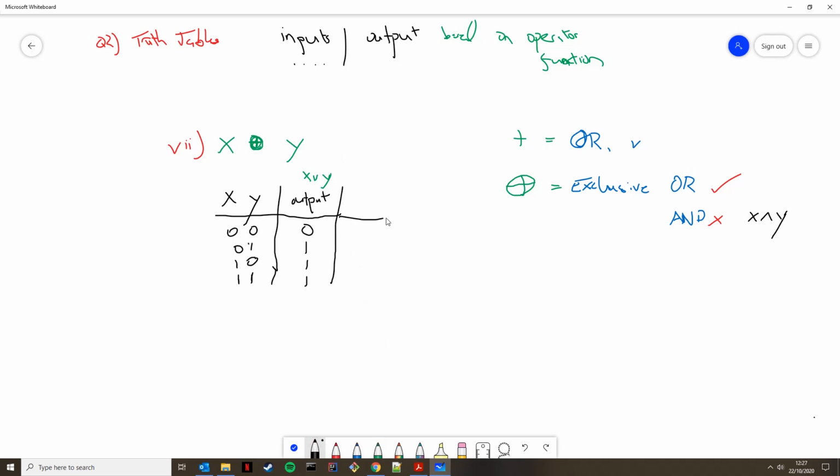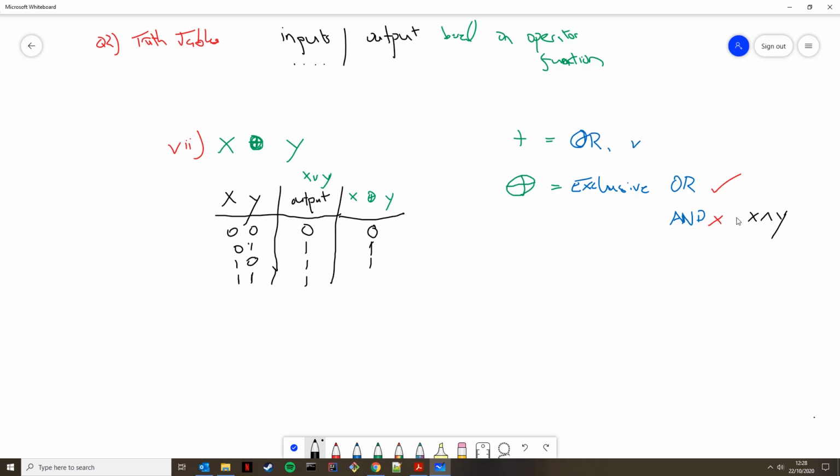So let's do X exclusive or Y. So 0 is still going to be 0. 0 or 0 is 0. With 0 and 1, one of them is true and the other is false. This is what exclusive or means. One of them has to be true. 1, 1, 0. Yes. Now the 1, 1. They're both true.